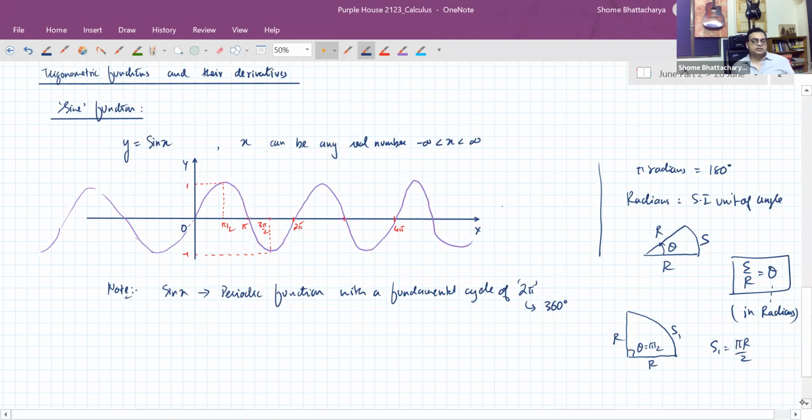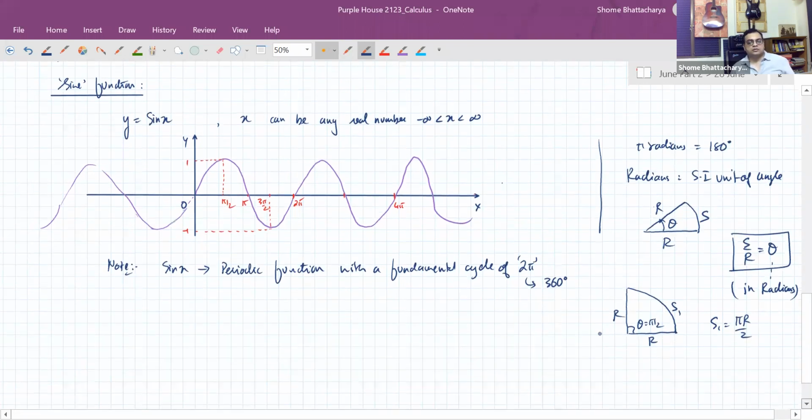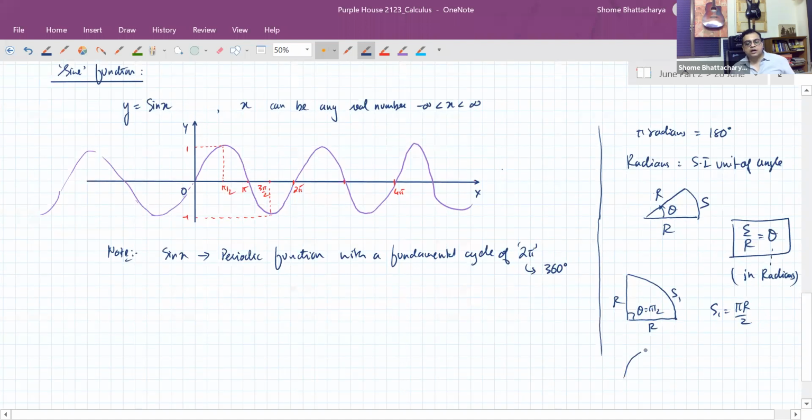Similarly, when we cut a semicircular arc, this angle here becomes what we call pi in radians. Then the arc length that we get is pi r, this half circle.